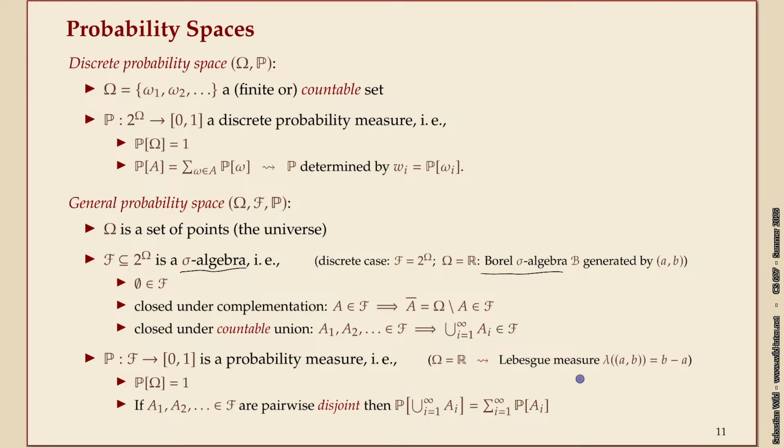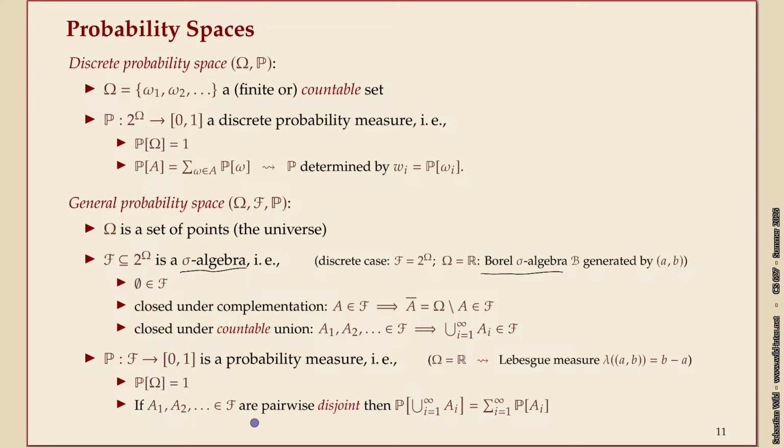The solution for the real line is the Lebesgue measure, where you assign an interval its length, so the distance between the endpoints. And everything else, all the other sets in the Borel sigma algebra that you can generate from these operations, you can also express their probability using these operations.